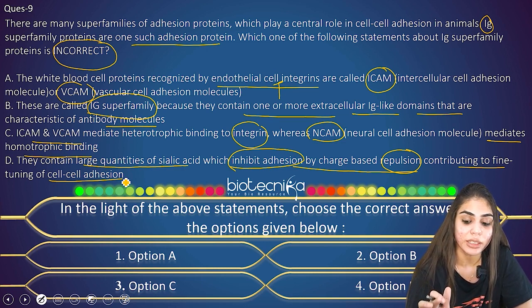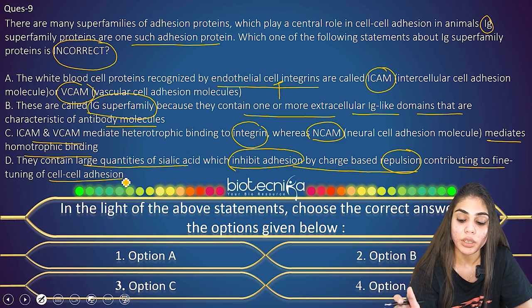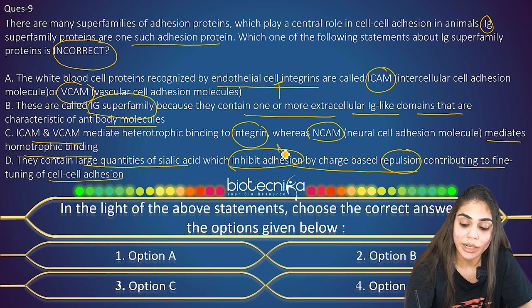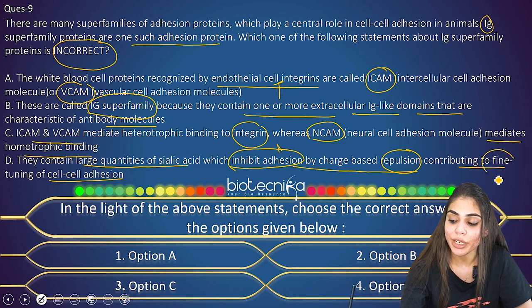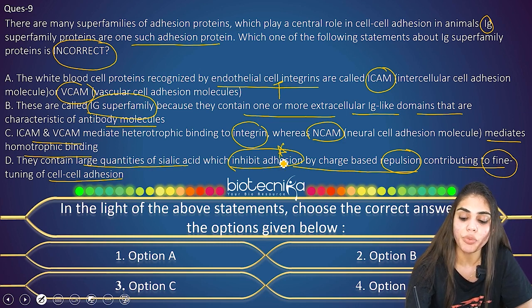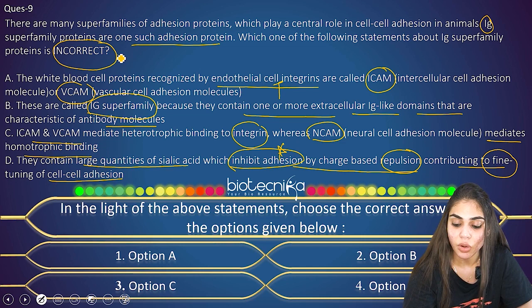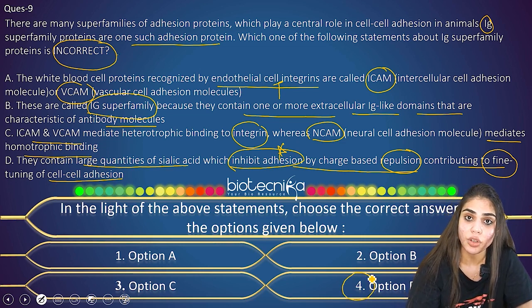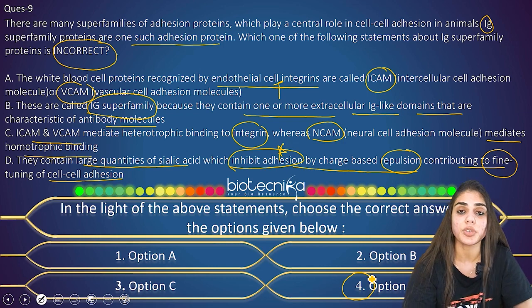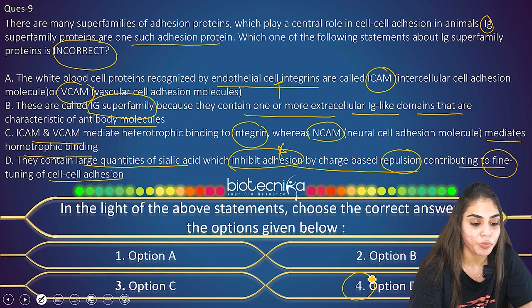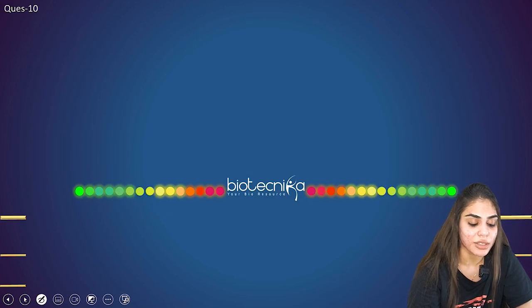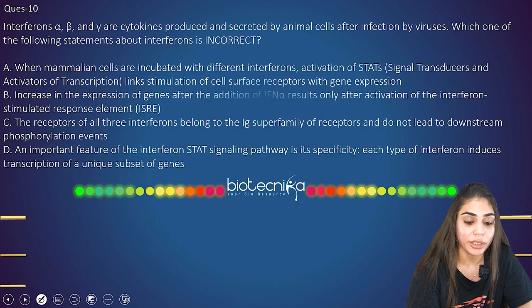Either you select inhibit or fine tuning. It is going to inhibit the adhesion but not fine tune it. So this option is the incorrect statement. According to the question, we have to select the incorrect option, and with this, option D is the right answer.